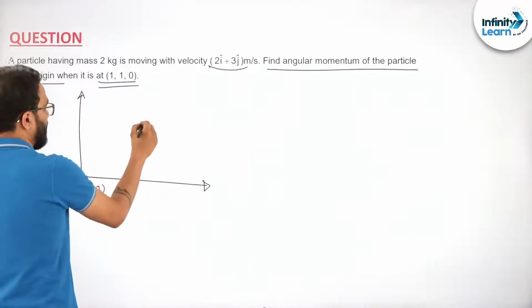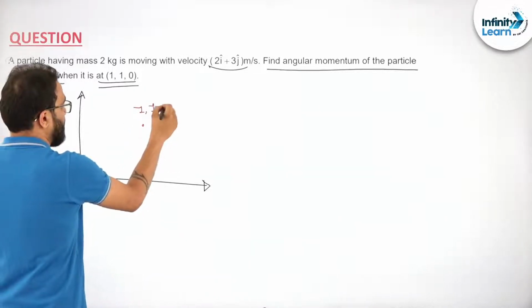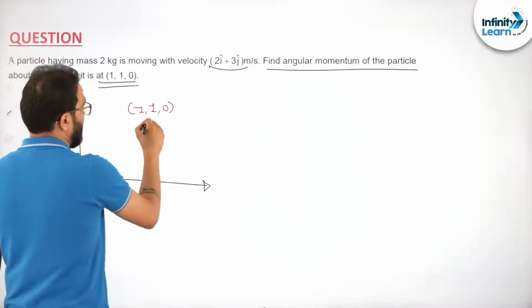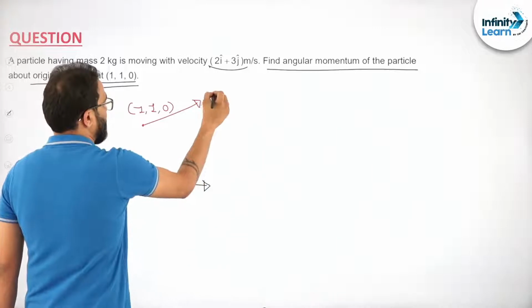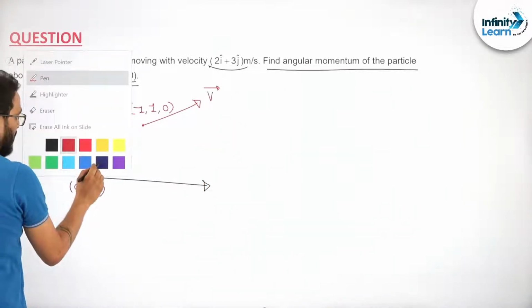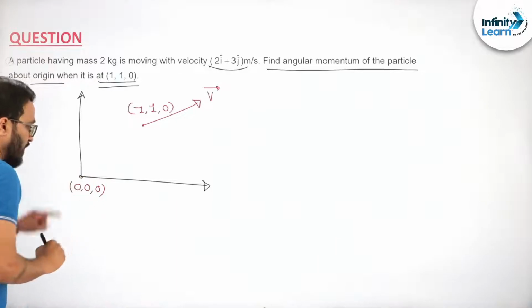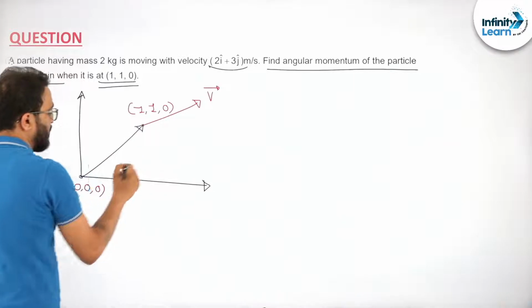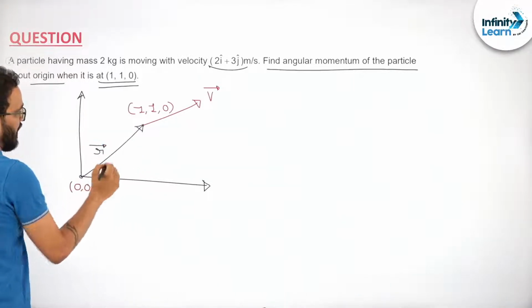Where is the particle? 1, 1, 0. Now the velocity of the particle is 2i cap plus 3j cap, somewhat like this. Okay, this is vector v, and I'm pretty much confident what is vector r. It is the vector joining the point of rotation with the particle. Can you see that? This is vector r.